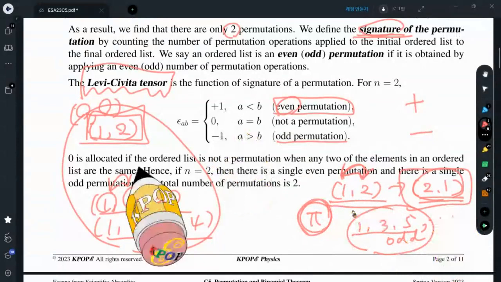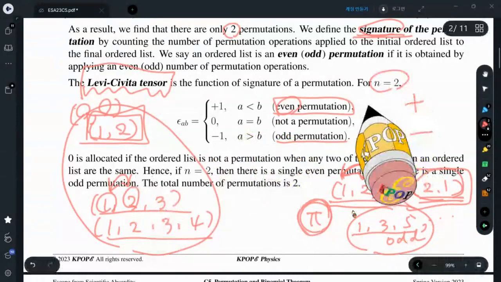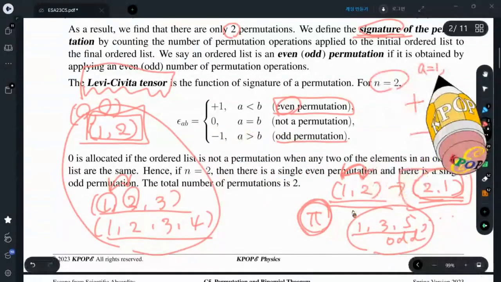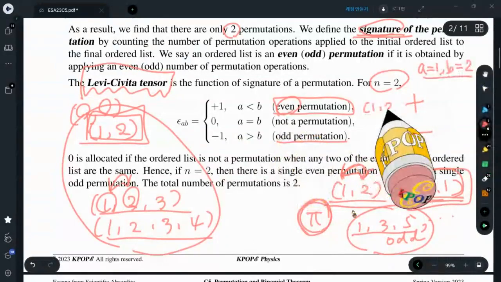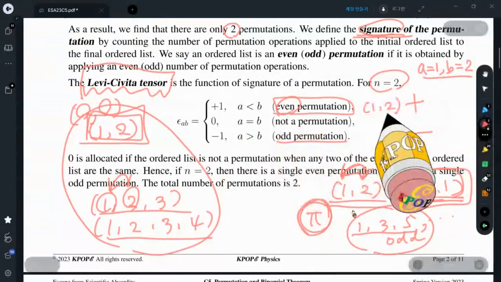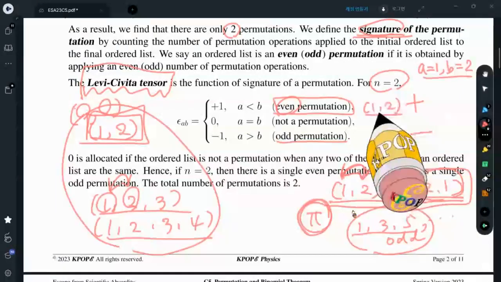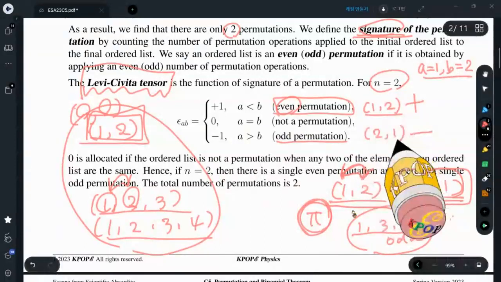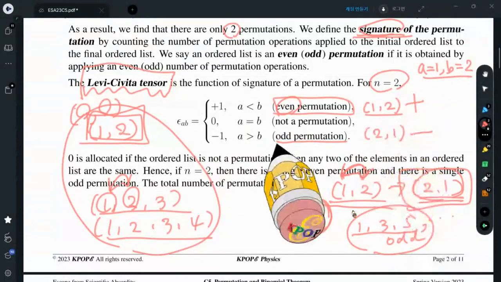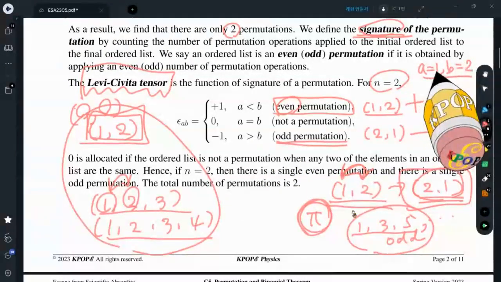Therefore, when n equals 2, with a equals 1 and b equals 2, the only even permutation exists. If I apply a permutation operator once, what I get is 2, 1. That is an odd permutation. And why don't we release our condition that these two numbers are different?